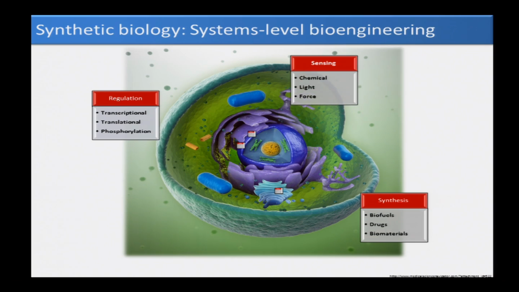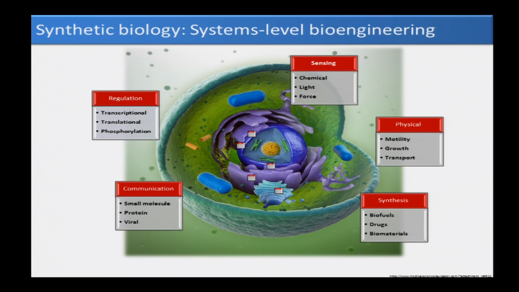And it has allowed us as a community to create various mechanisms that control what the cells do. So for example, transcriptional regulation, translational regulation, being able to regulate things in the cell, being able to create genetically encoded sensors, cell-cell communication mechanisms, synthesis of various interesting molecules, biofuels, pharmaceuticals, and control of physical aspects.